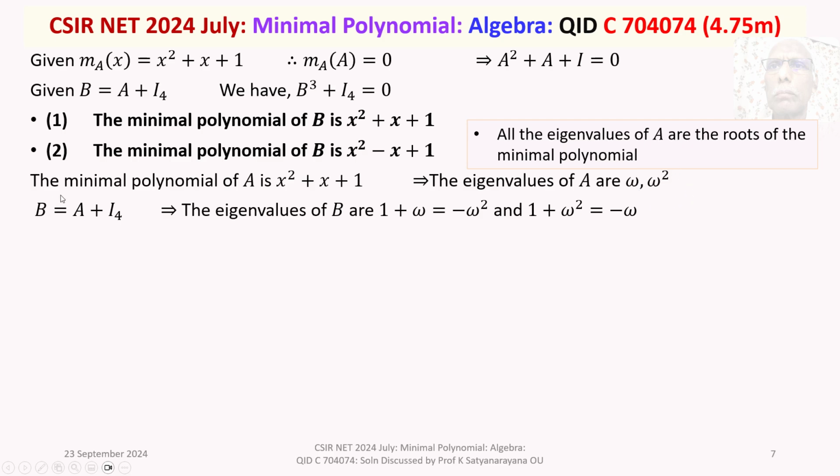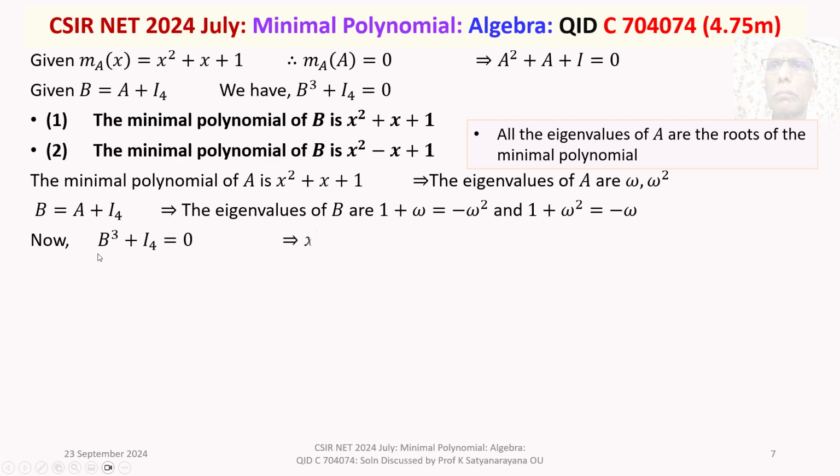Therefore, the eigenvalues of B, which is A plus I, are 1 plus omega and 1 plus omega square. 1 plus omega is minus omega square, and 1 plus omega square is minus omega, because 1 plus omega plus omega square is equal to 0. So thus the eigenvalues of B are minus omega square and minus omega.